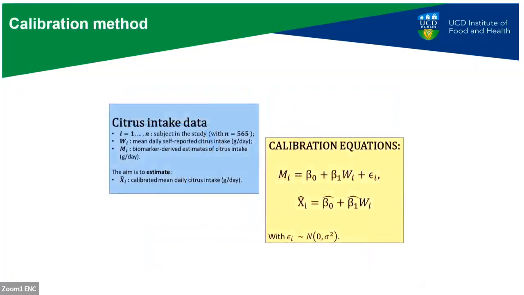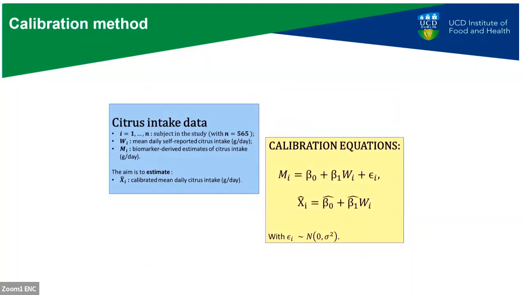So we developed these calibration equations, where M here is the biomarker-derived estimate of citrus intake, and W is the mean daily self-reported data. We model these two together, we get the estimates from them, and we can then derive a calibrated mean daily citrus intake when you only have self-reported data.